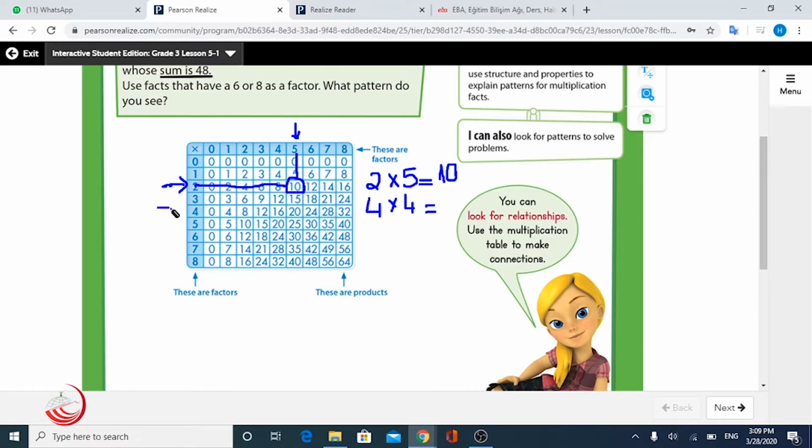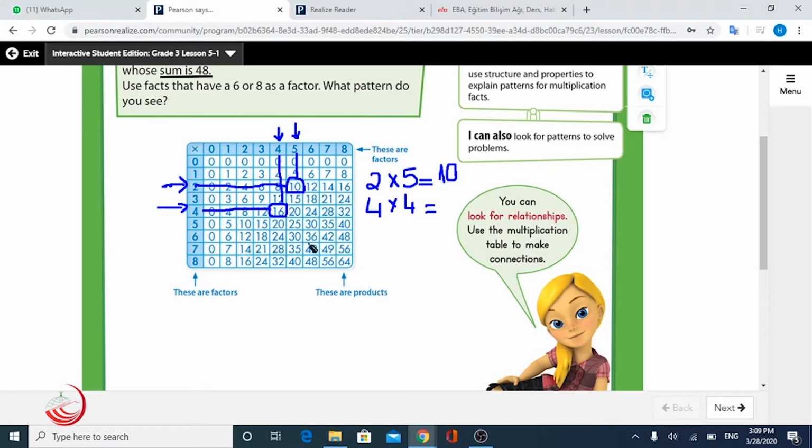I will look at the rows for 4, then I will look at the columns for 4, and let's move until they meet together. Where do they meet?